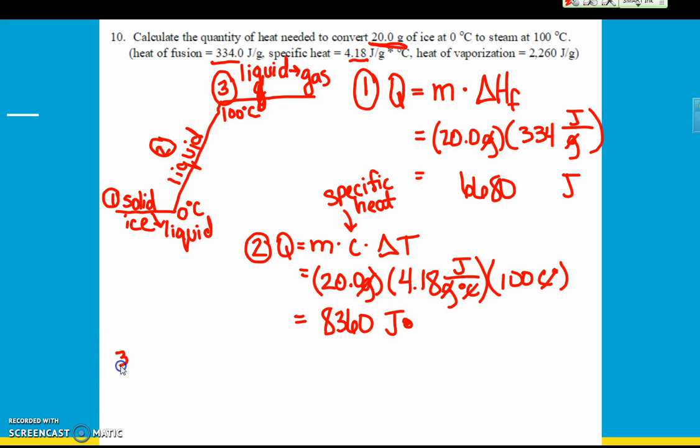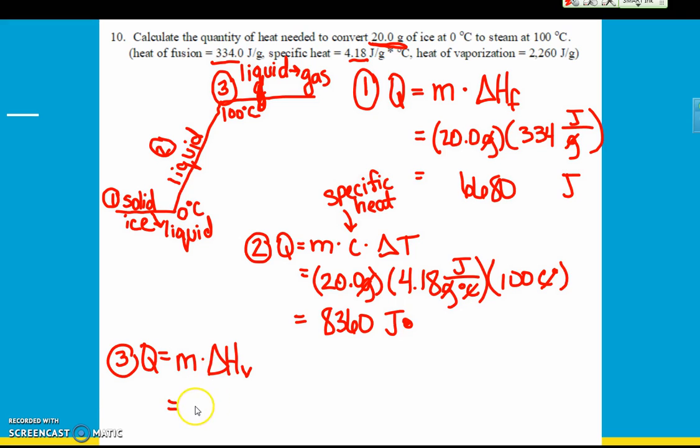And then finally part 3 is the energy required to change the liquid water to a gas. So we're back to an equation that looks a lot like number 1. It's going to be M, and this time this one's called heat of vaporization, not heat of fusion, because we're going through a different phase change.